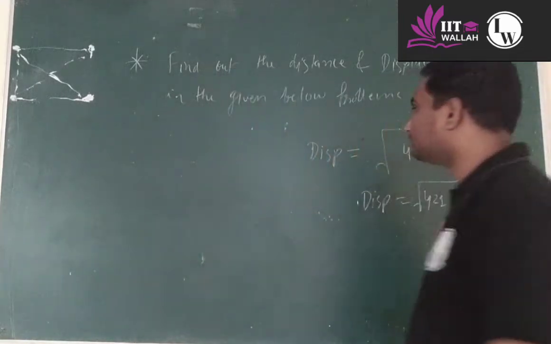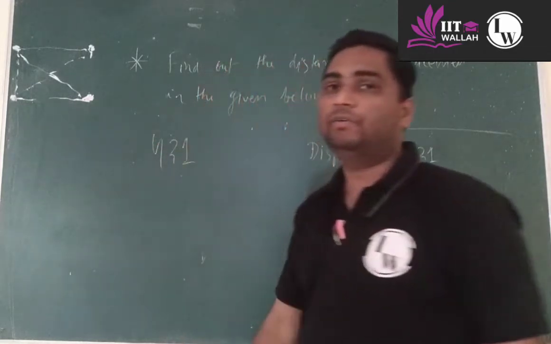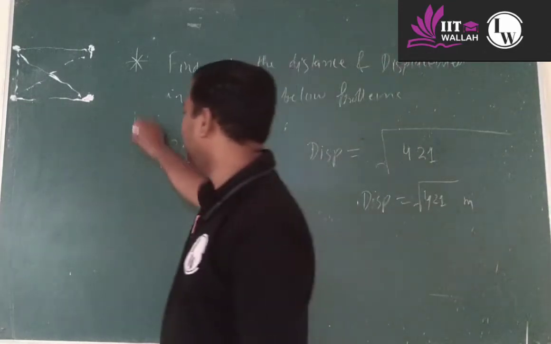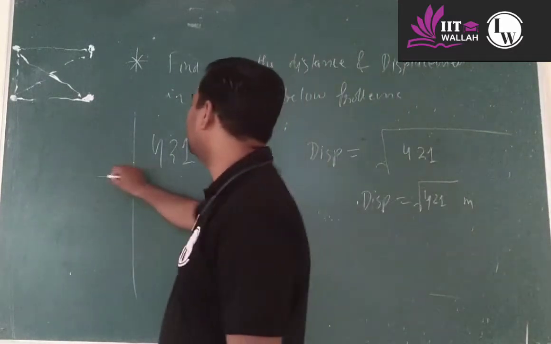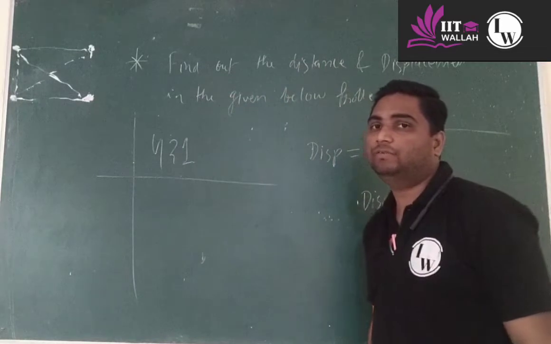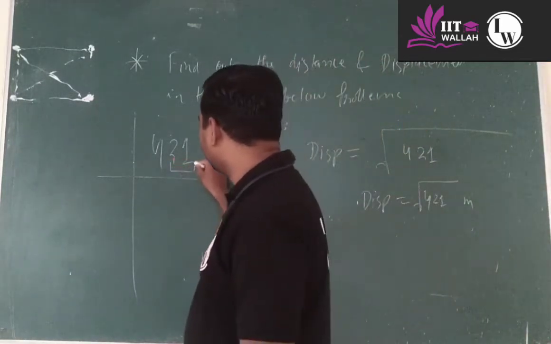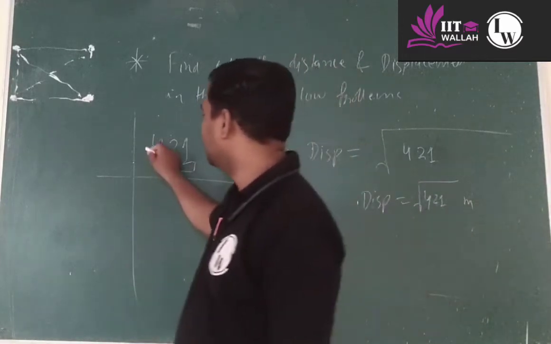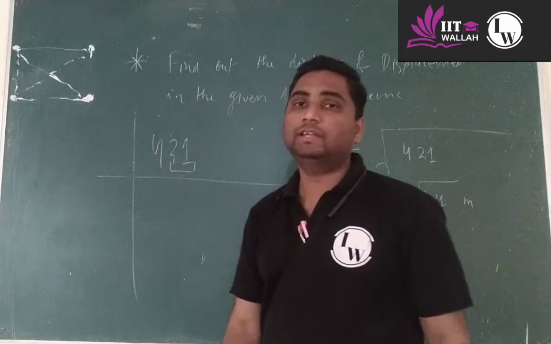Now we have to know how to find the square root of any number. So the square root of 421. You can make pairs. Here there is no pair of 4, so it means here is 0.